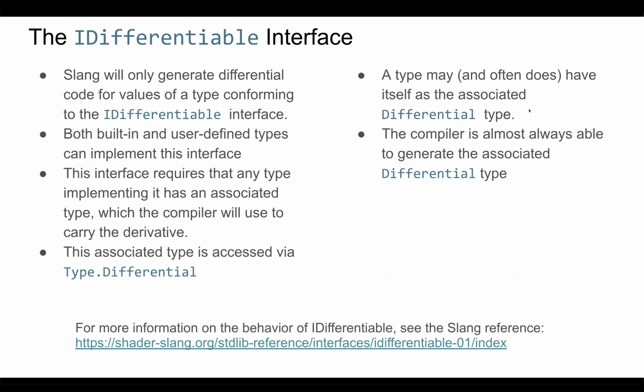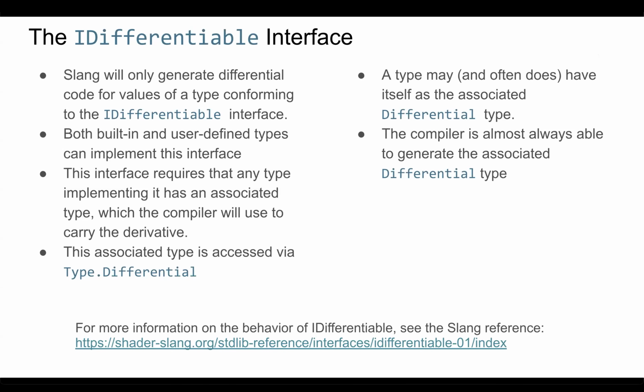So to generate correct differential code, Slang needs to ensure that the data types it's working with are differentiable. And the way it's handled by the Slang language is with the iDifferentiable interface. So any type, whether it's a built-in like float or a custom user-defined type, has to conform to this interface in order for the compiler to be able to generate differential code for it.